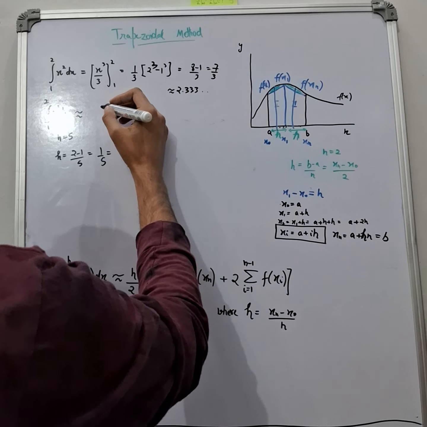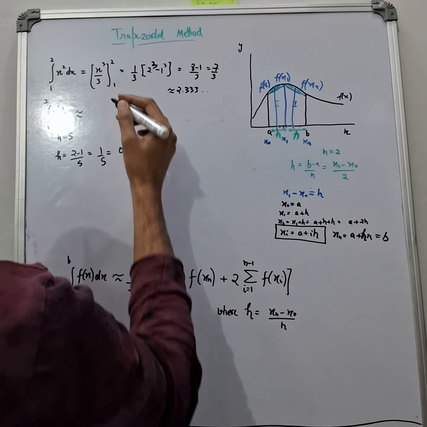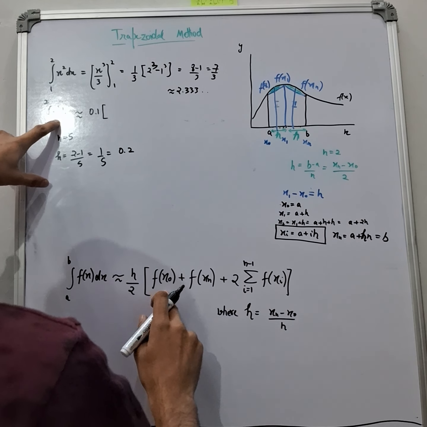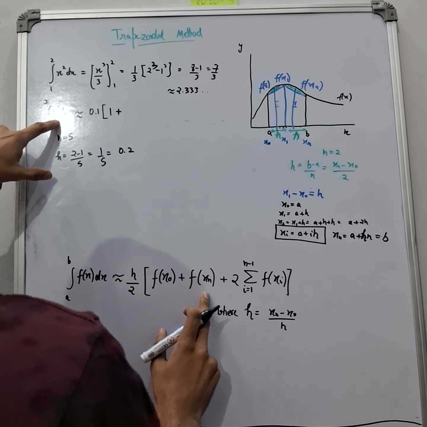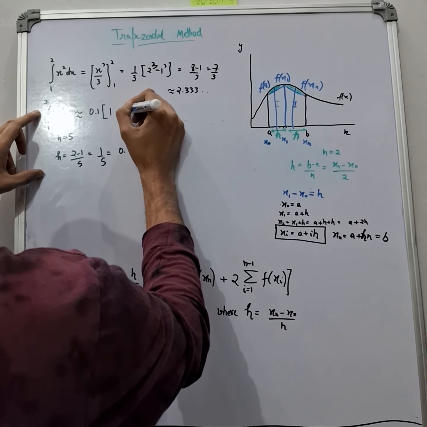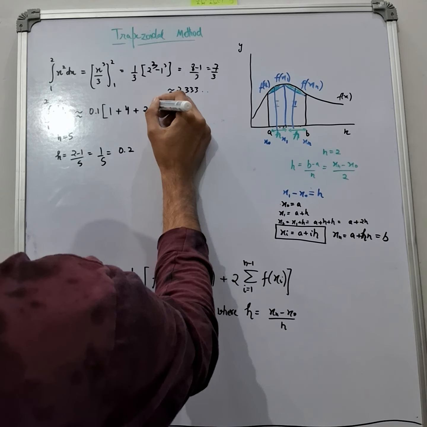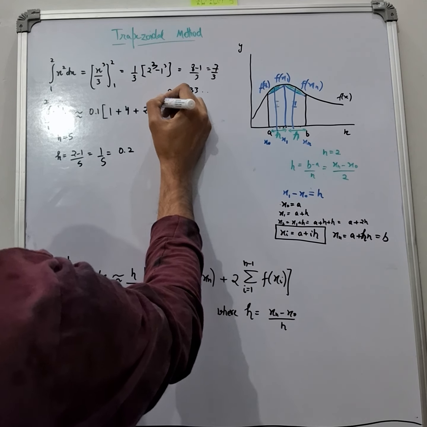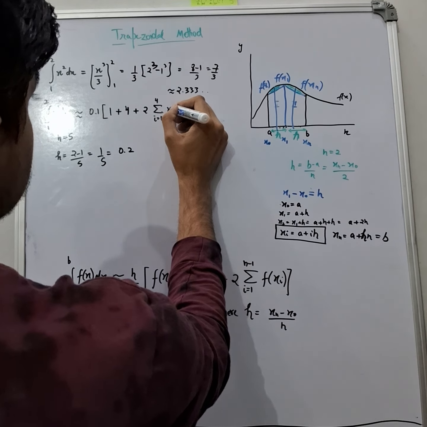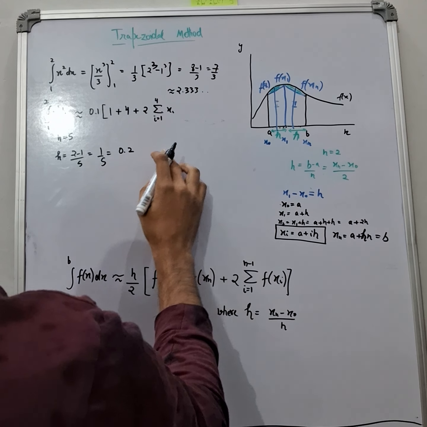So this becomes 0.2 divided by 2, which is 0.1, times the value of x squared at 1, which is 1, plus the value of x squared at 2, which is 2 squared, which is 4, plus 2 times summation i equal to 1 to n minus 1, 4 in this case, of xi squared.